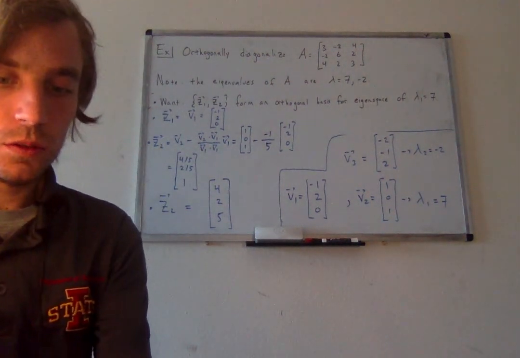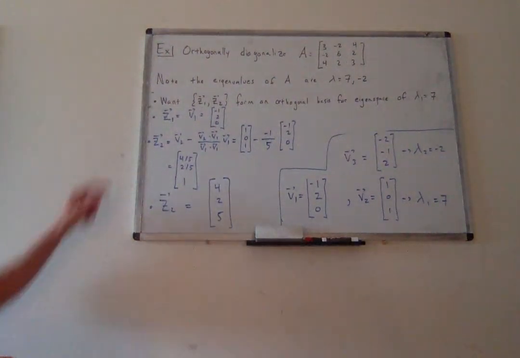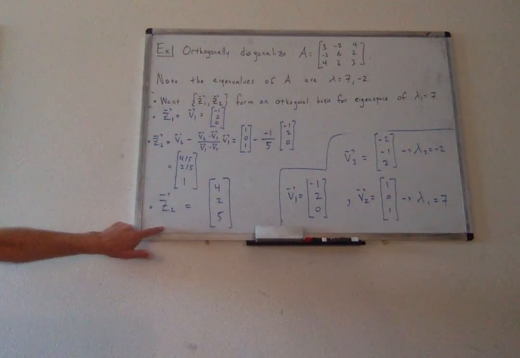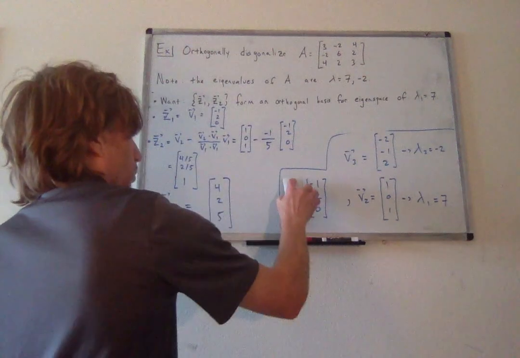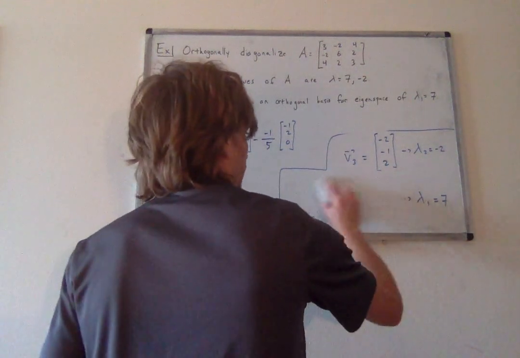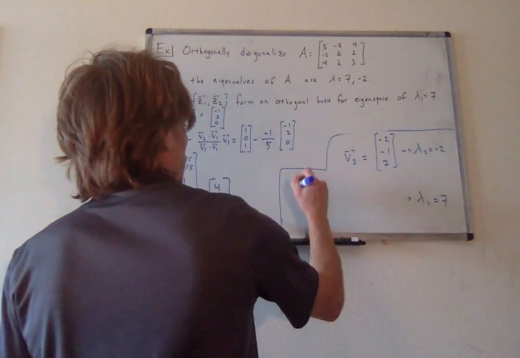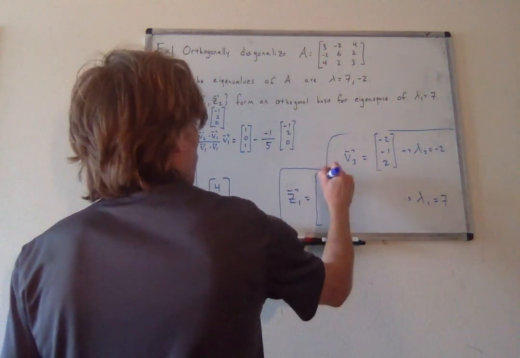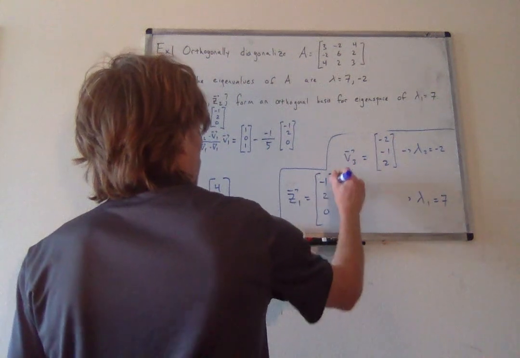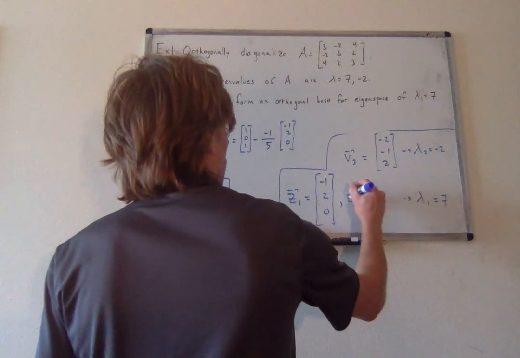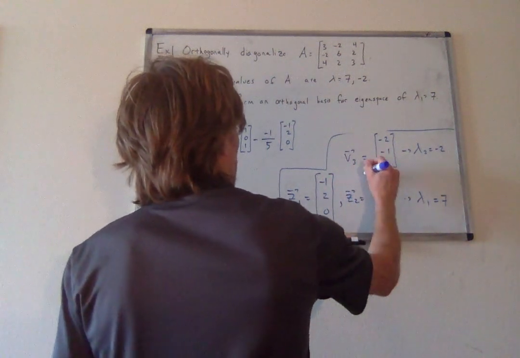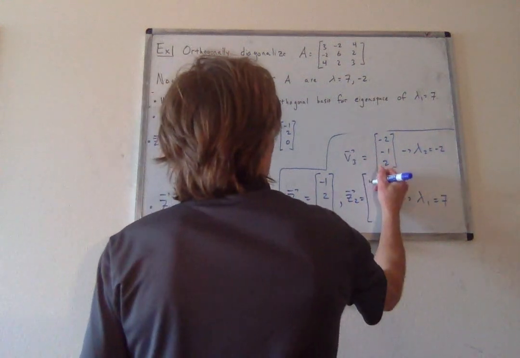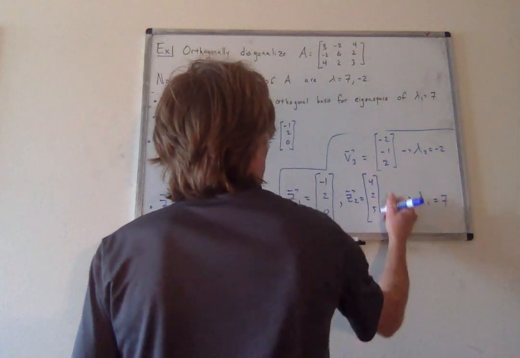And so z1 and z2 now, I'm going to replace the eigenvectors I previously had for lambda 1 equals 7. z1 is -1, 2, 0. z2 is equal to 4, 2, 5.